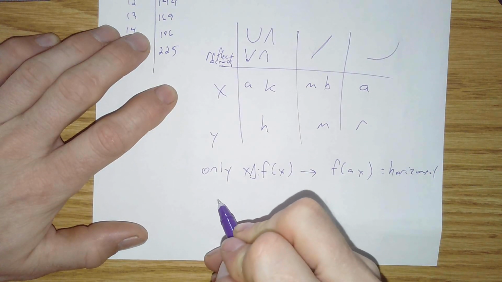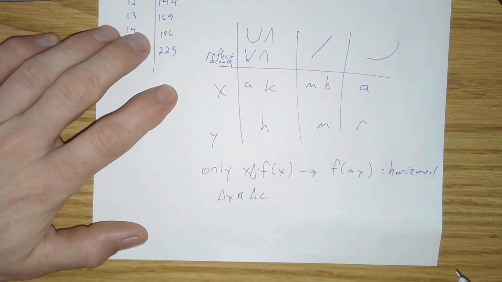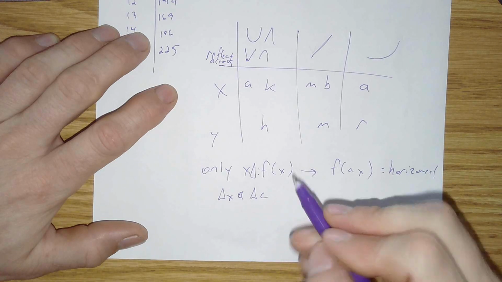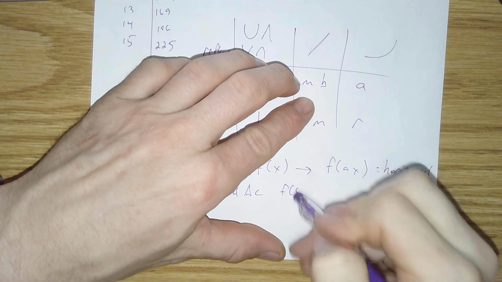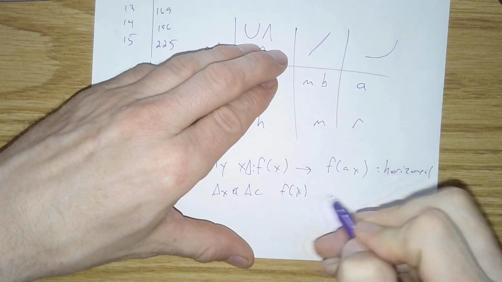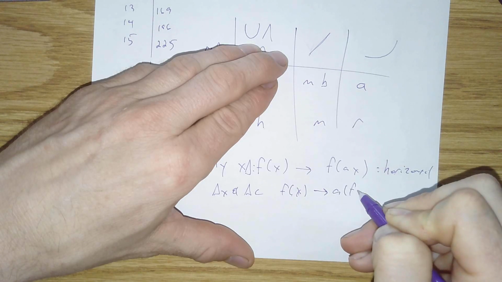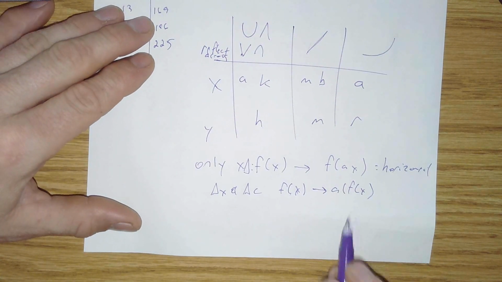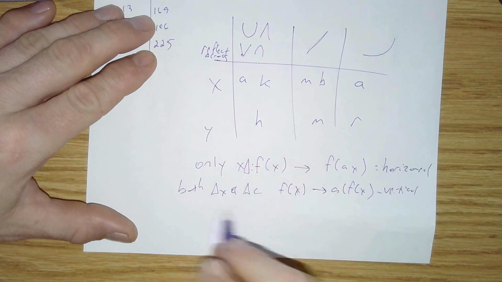If both the x and the constant, whether it's c or b, change, that is an f of x that went to a times f of x, meaning that the whole function got multiplied by it. This is a vertical dilation.